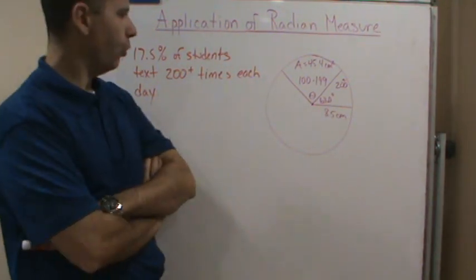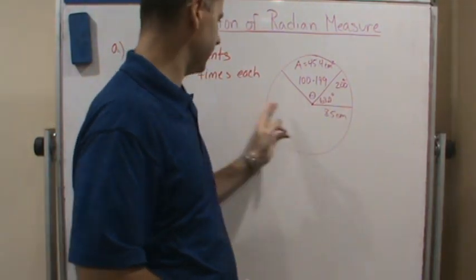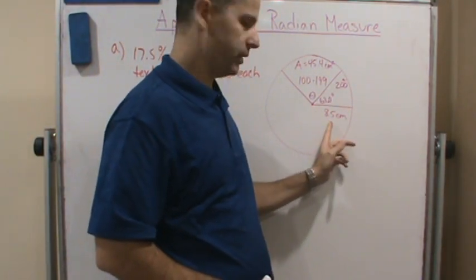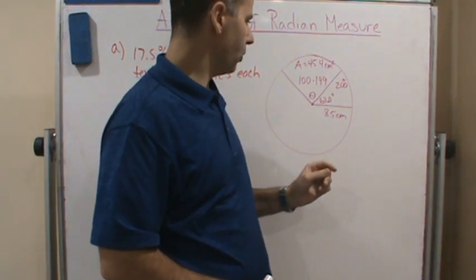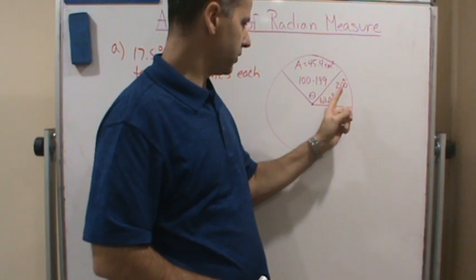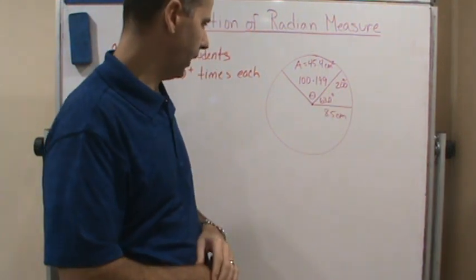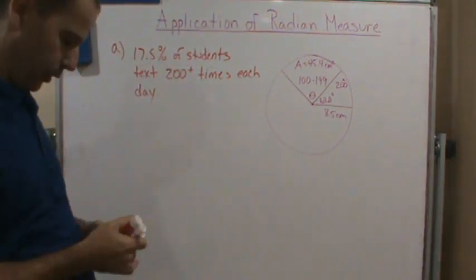Well, by the way, we're told that the radius of the circle is 8.5 centimeters long. This sector of the pie chart represents 200-plus students, and it has a central angle of 63.0 degrees.